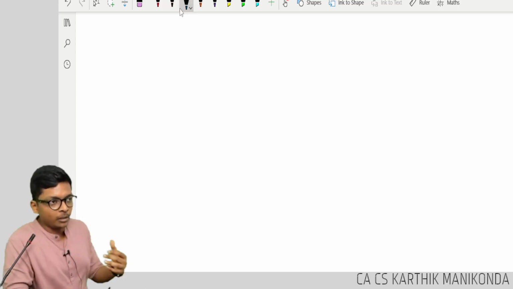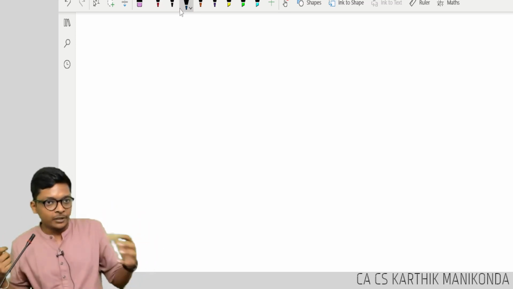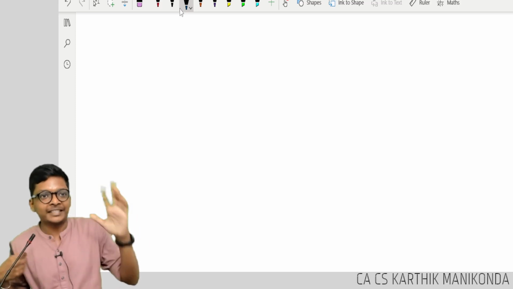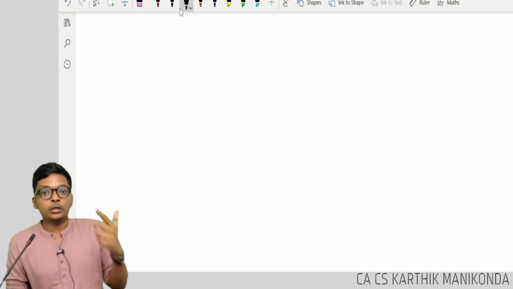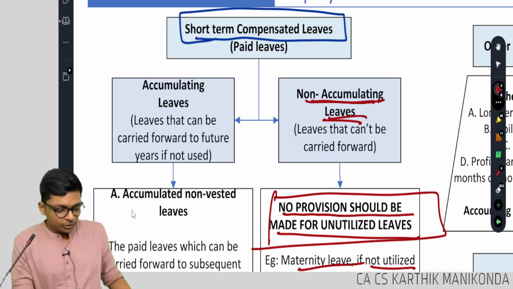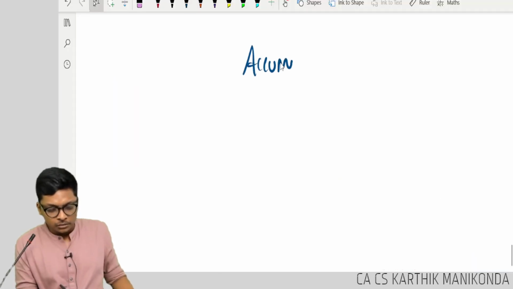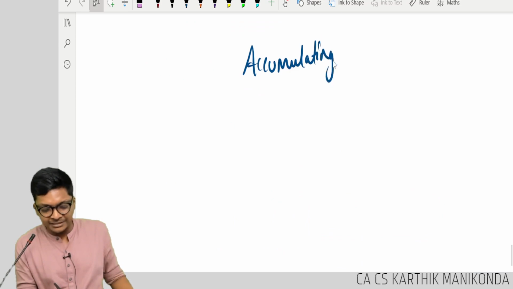In short-term compensated leaves, we have carried forward and not carried forward. Leaves that cannot be carried forward are called non-accumulating leaves. Now coming to the next part, accumulating leaves. I'll summarize once this is over.